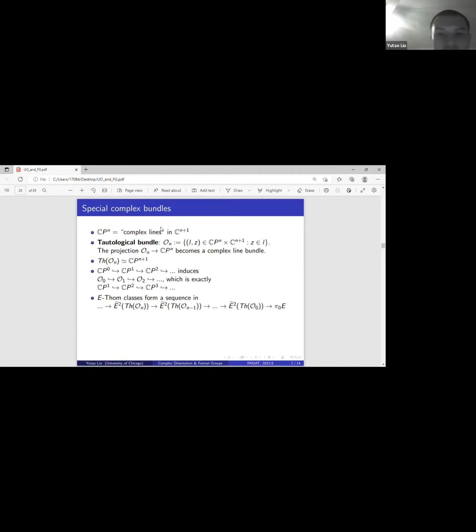So if you apply E-cohomology to this sequence, recall that for each O_n here, the complex orientation on O_n is a Thom class. So let's use c_n to denote that. And similarly, you have another Thom class, c_(n-1), and so on.